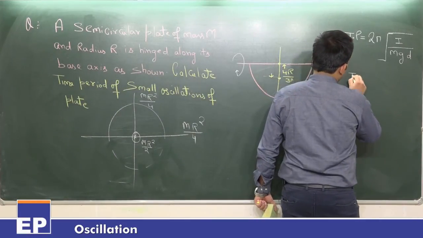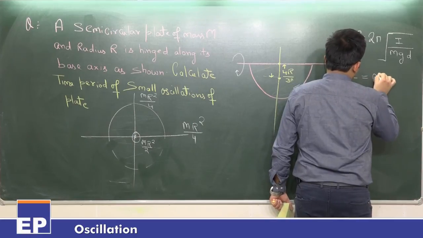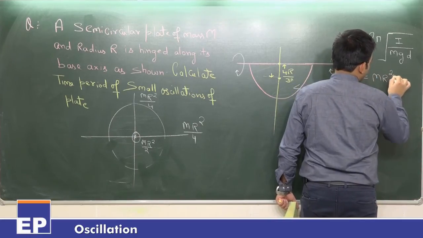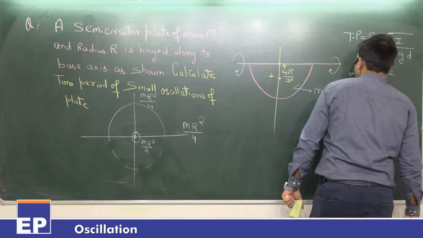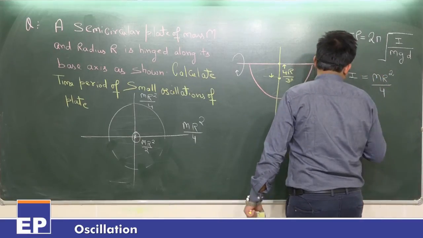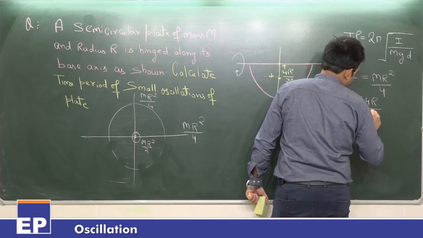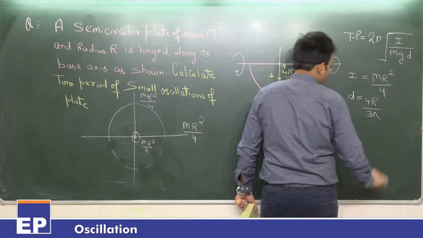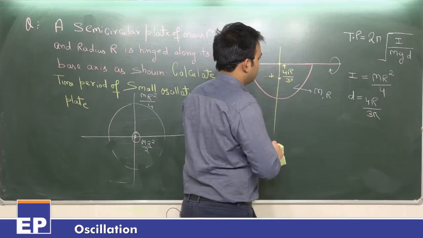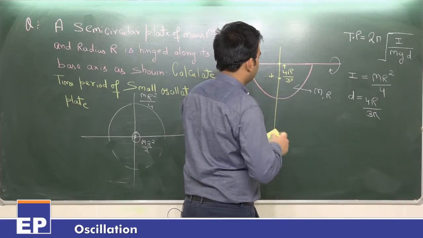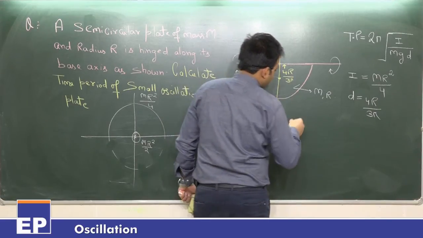So here I is mr square by 4. And what is d? It is 4r by 3 pi. So what is the time period?